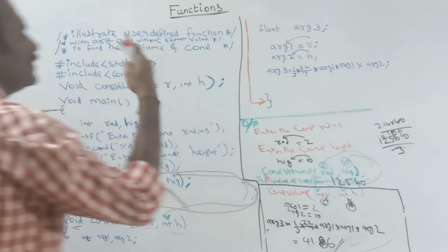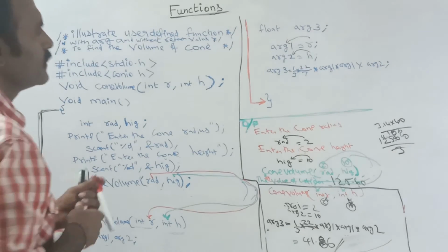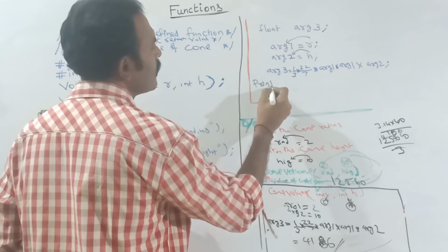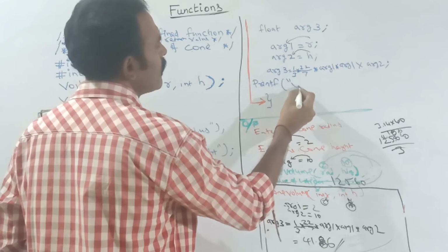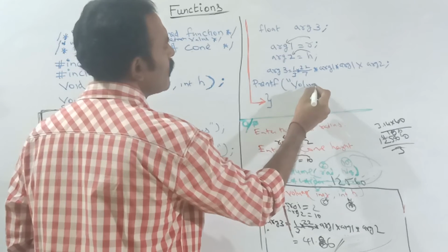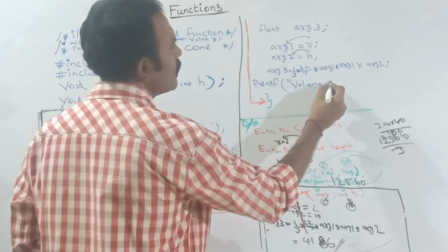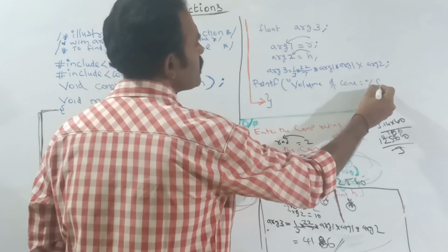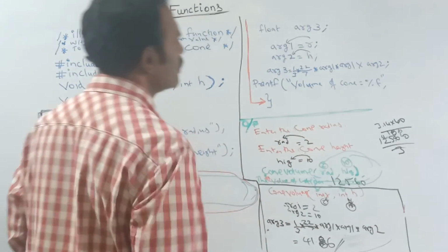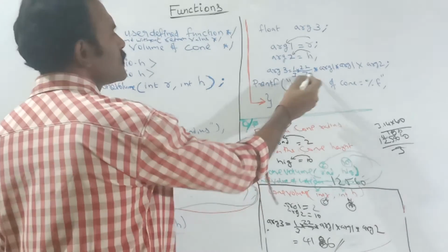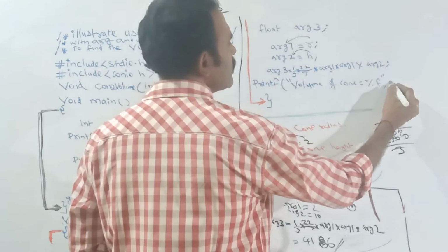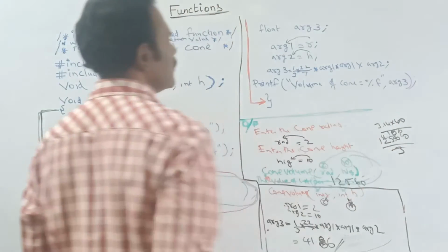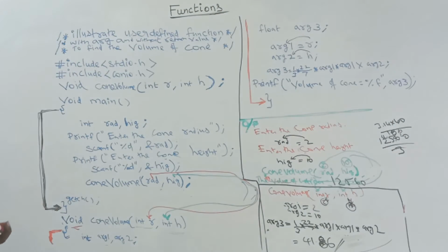So without returning the value, I am printing here itself. Here I am telling printf, volume of cone is equal to, data type is percentage f, next comma, here this result is stored in argument 3. So here arg3 I am printing.